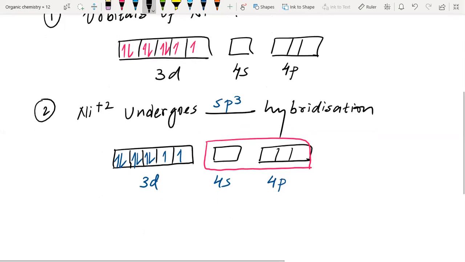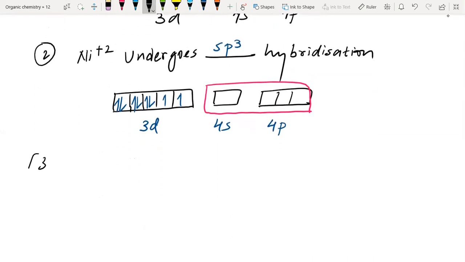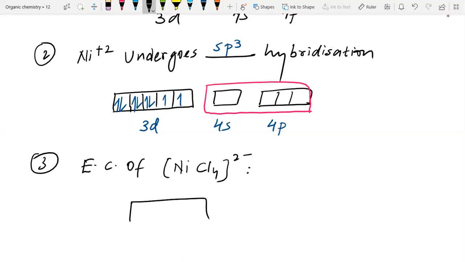Now the third point we should discuss is the electronic configuration of NiCl4 2 minus. We can write it like this: 3d orbitals. The electrons which we see here are the electrons of the metal itself.